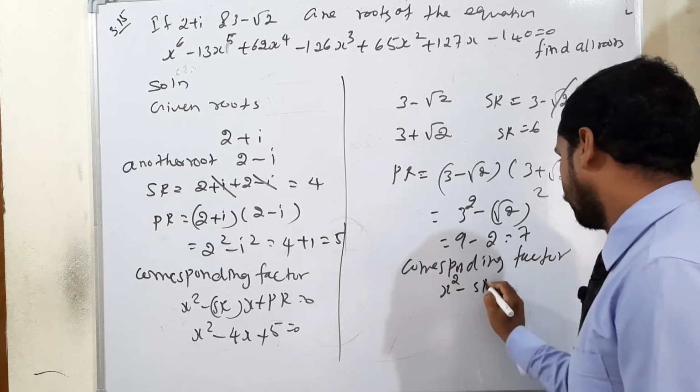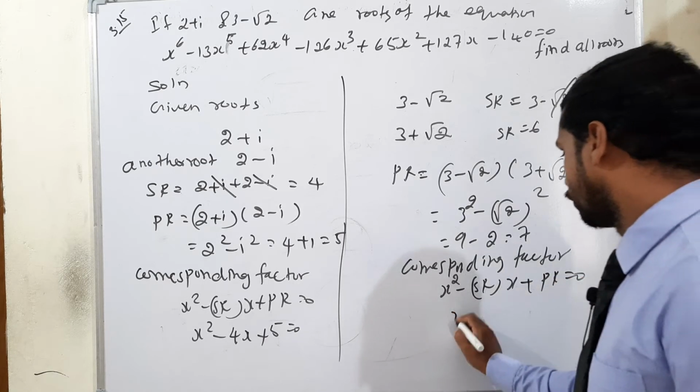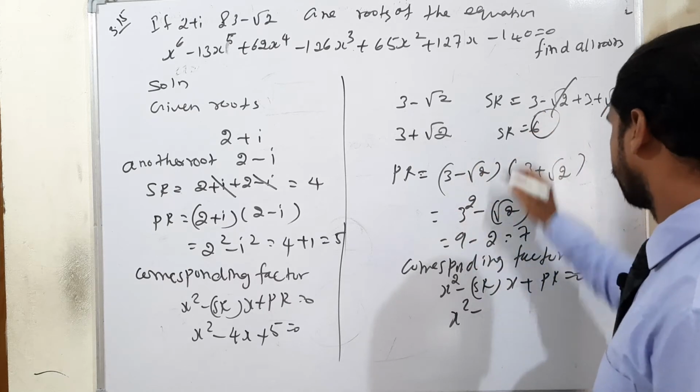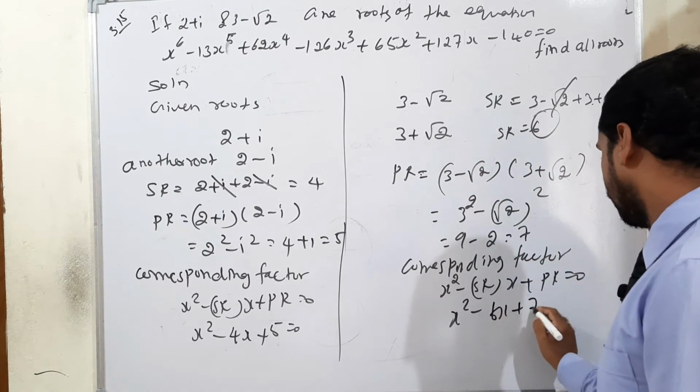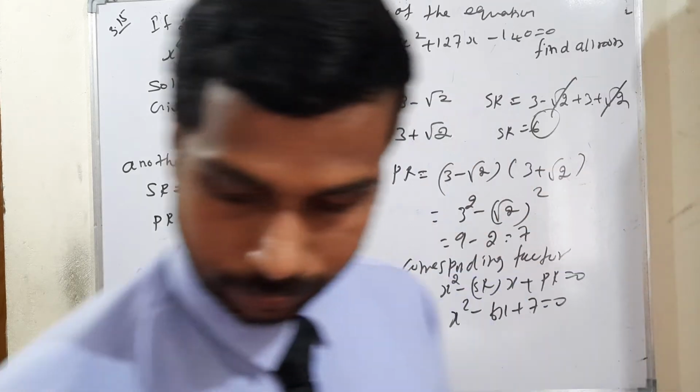Therefore, the corresponding factor is x square minus sum of roots x plus product of roots is equal to 0. Therefore x square minus the sum of roots, the value we have is 6, so x square minus 6x plus 7 is equal to 0. Just we have to take the combined factor.